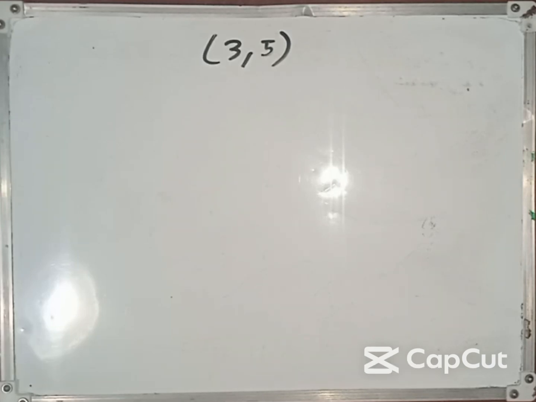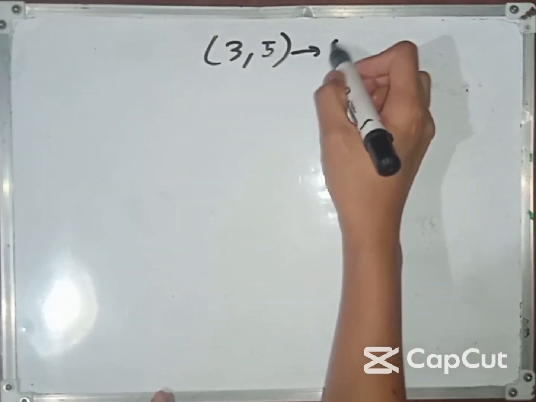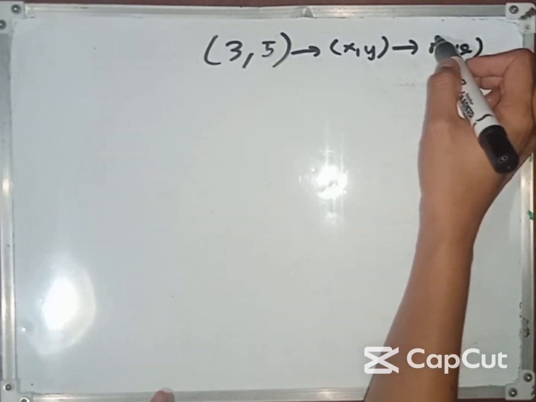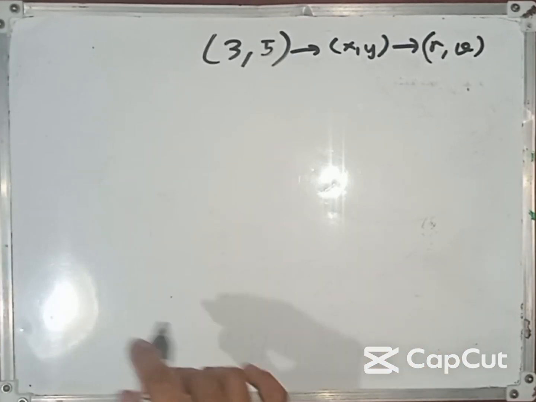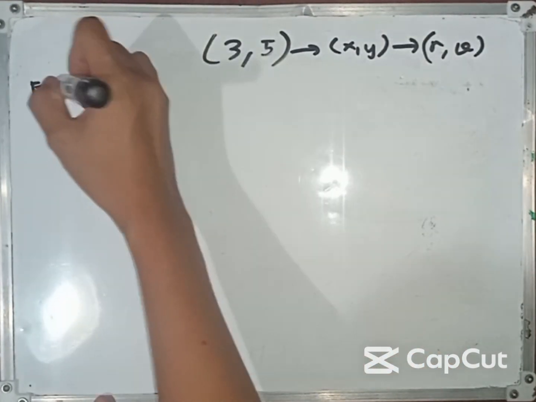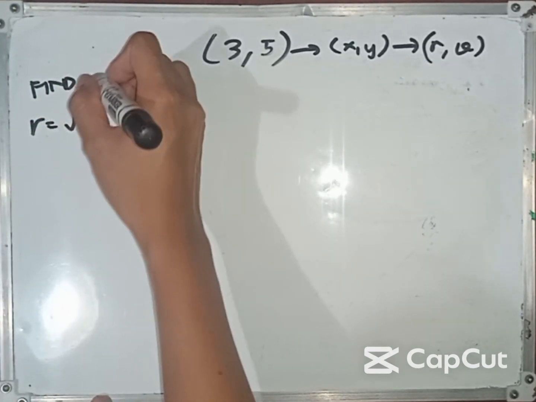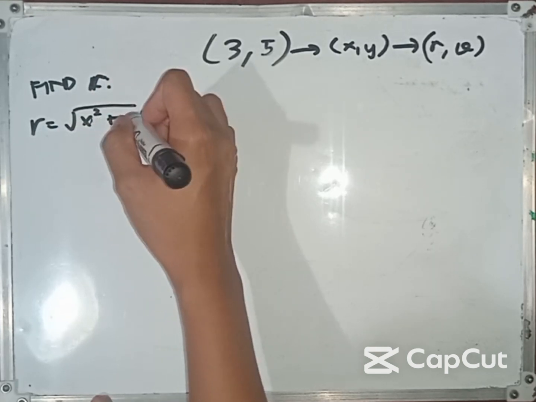Okay, we have here 3, 5. This is in the form of x and y, and let's convert this one into r, theta. So how? First is to find r. Let's find r first by using the formula r is equal to the square root of x squared plus y squared.